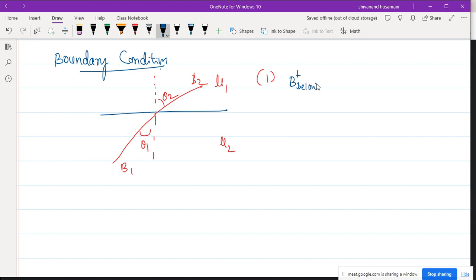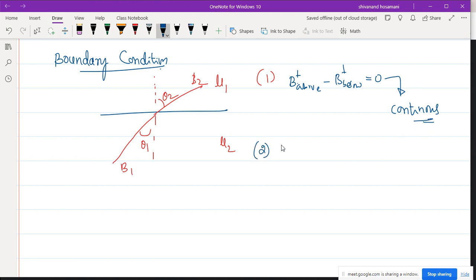Our first boundary condition is that the perpendicular component of the magnetic field above minus below is 0, exactly the opposite to the electric field. Above minus magnetic field below is treated as 0, which means the perpendicular component of the magnetic field is continuous. But the parallel components are not continuous.